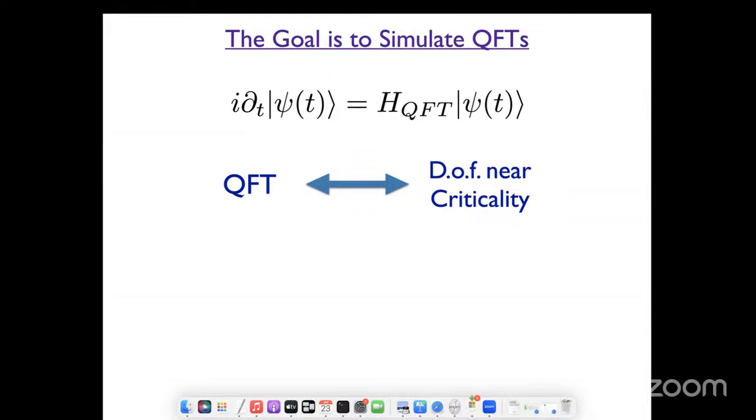So even if we're interested in particle physics applications, what we really do when we talk about QCD, for instance, is we write down a lattice system of some sort, and we tune that system to criticality, and the quantum field theory manifests itself there.